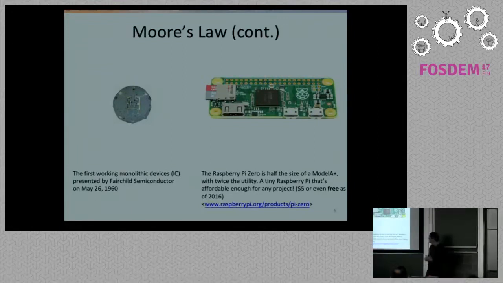It's a flip-flop. And it's hard to imagine how much cost they put into developing this thing. But nowadays, if you go for a Raspberry Pi, it has billions or so transistors, and you pay for the whole thing, PCBs and everything, about $5. So that makes hardware really accessible for all of us.